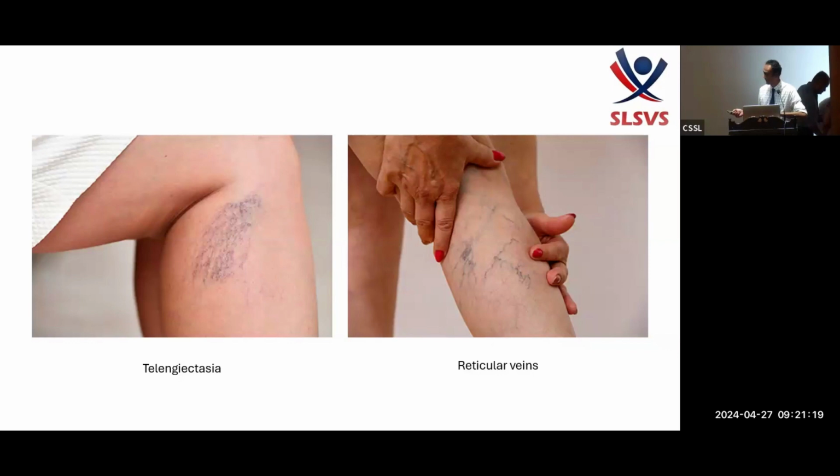You have dilated venules causing a cobweb appearance, also called telangiectasia, less than 1 millimeter in diameter. In the second picture, you can see the reticular veins, which are larger veins, 1 to 3 millimeters in diameter.